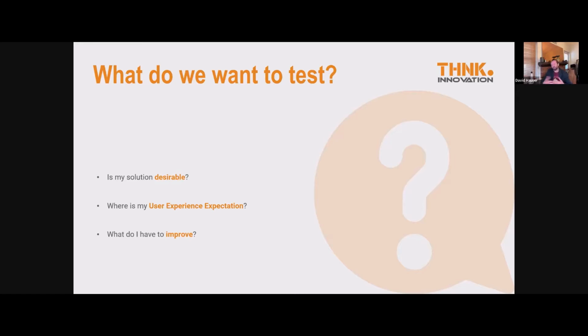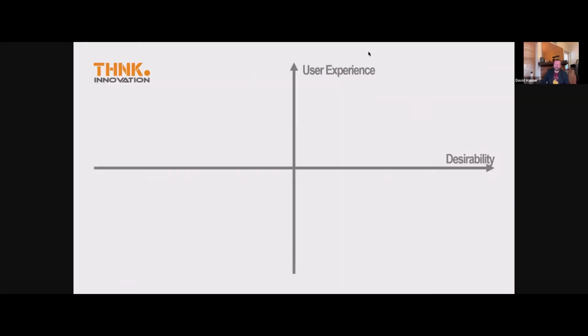But the more refined your prototype gets, so as soon as people can really interact with your prototype, you will learn even more. What you definitely can really start learning is what's the user experience and what's the user experience expectation of your potential users. And what you need to learn with prototype testing is what do you have to improve to make the user experience better.